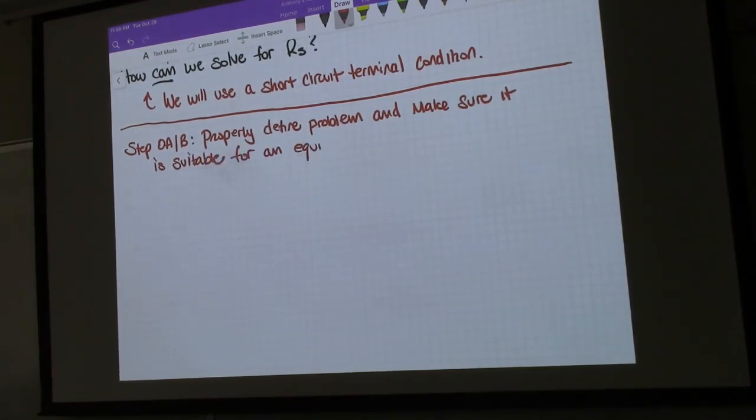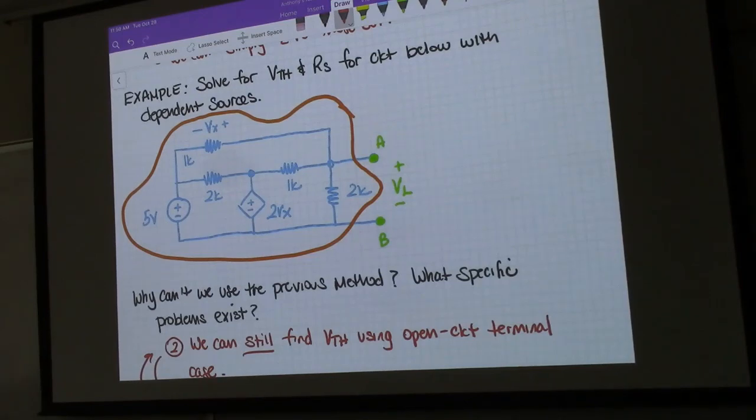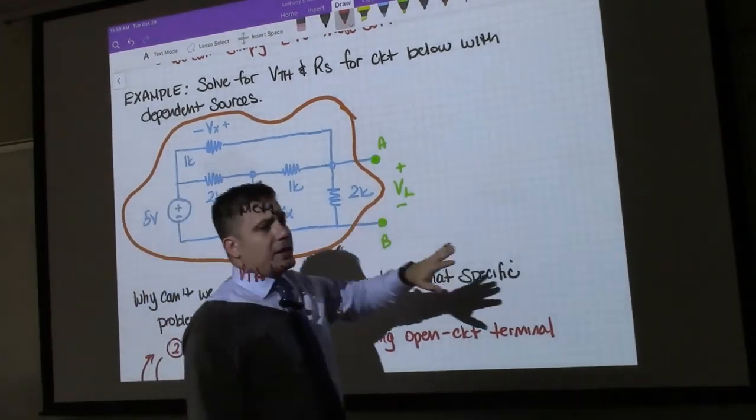So I'm going to do that quickly. Take a look at the circuit. We do know what we're solving for because we already outlined it in the orange. We've clearly defined what our terminals A and B are. We know what VL is.